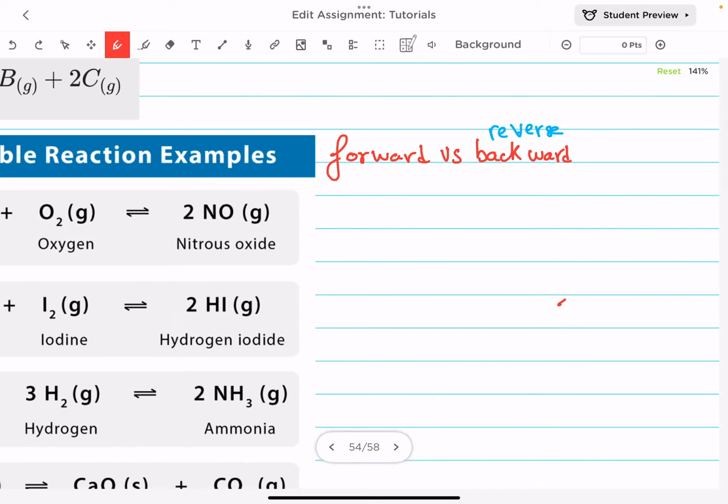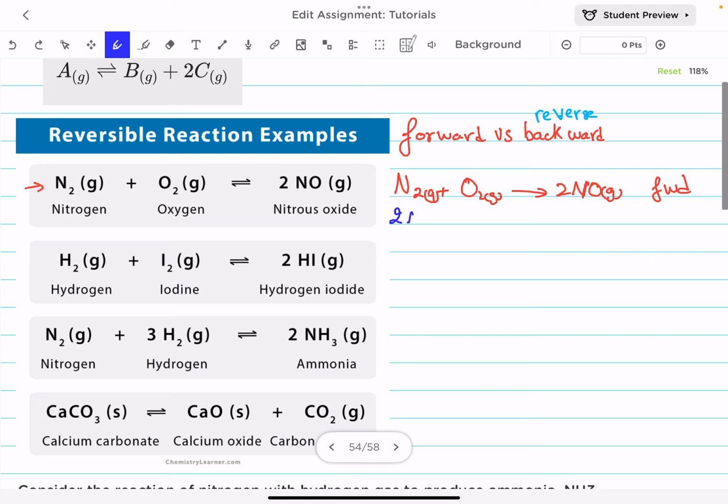So here, for example, the first equation, the forward equation would be N2 gas plus O2 gas to give 2NO, nitrous oxide gas. That's the forward. Whereas if I am asked to write the reverse reaction or the backward reaction, I would say 2NO gas gives N2 gas, nitrogen, and oxygen. That's the backward reaction.